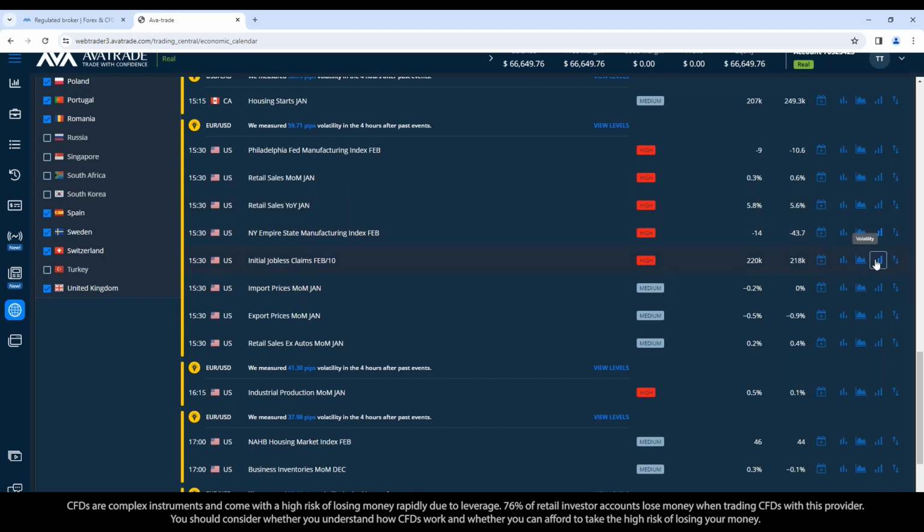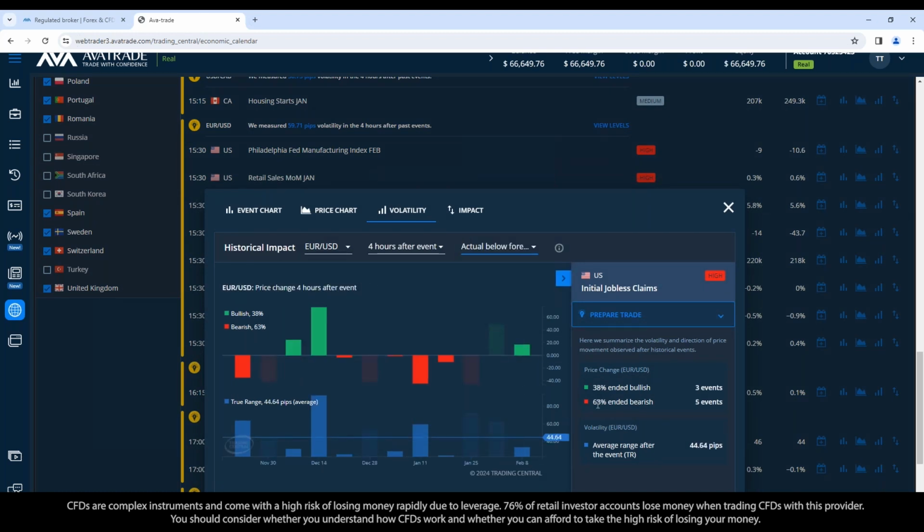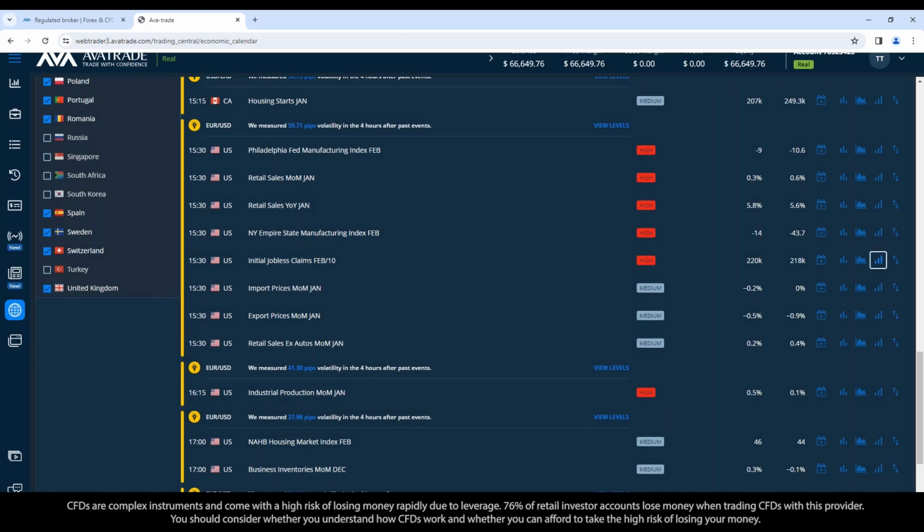We can look at jobless claims. If they come in below expectation, 63% of the time it drops. Okay, above expectation, 75% it drops. So with the jobless claims, it's regardless of whether it's good news or bad news, there's dropping, and that's probably related to the fact that these are at the same time.